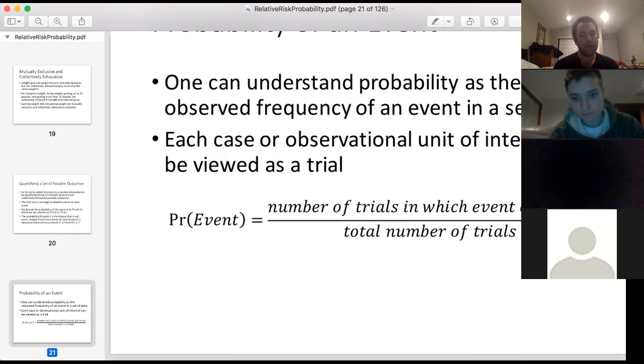If you flipped a coin 20 times, it's very feasible for you to get 12 heads and 8 tails. But if you flipped a coin 100 times, you might get something closer to 50 out of 100. And if you flipped it 1,000 times, even closer to a 50-50 probability. So does that make sense to everyone on how you calculate probabilities?